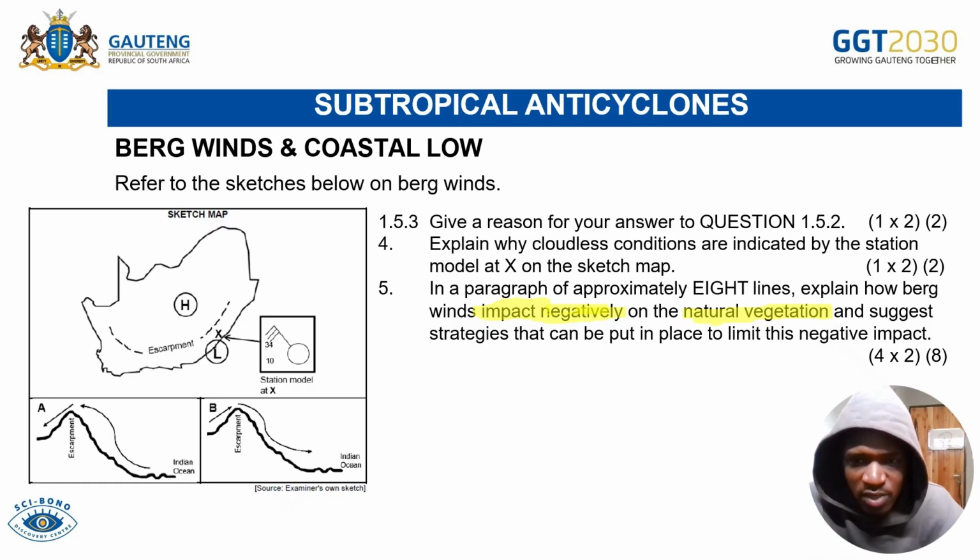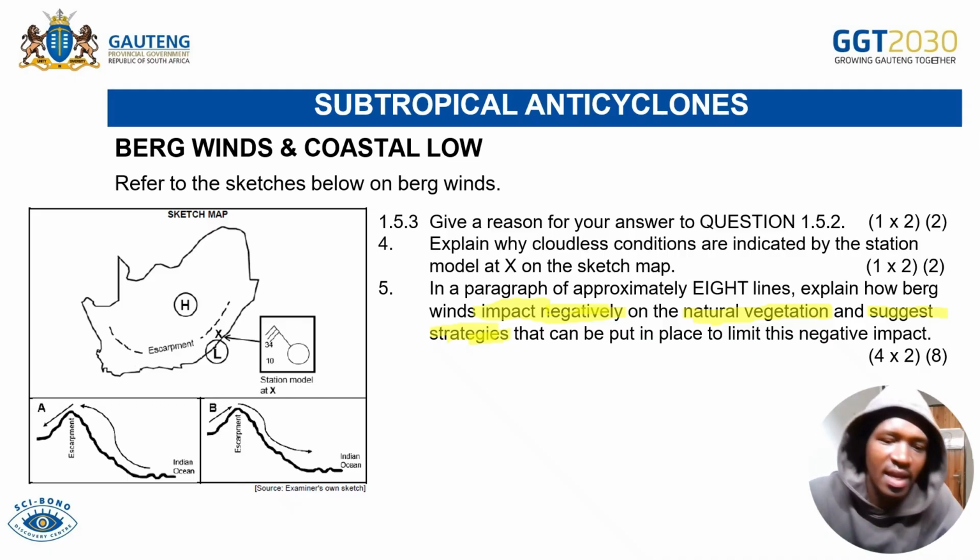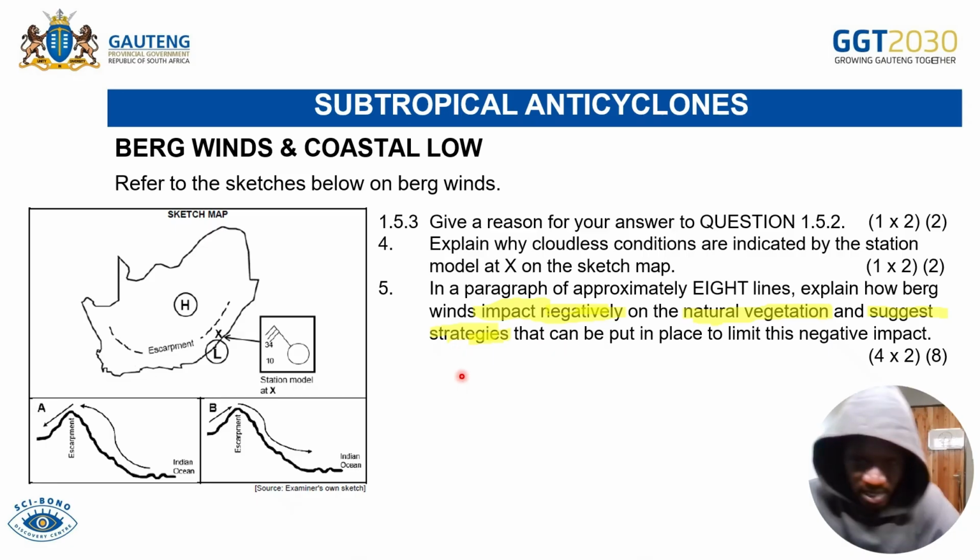They also want us to suggest strategies that can be put in place to limit the negative impacts. This paragraph is asking us for two things, not just one thing. So it's very important to highlight or underline what is being asked, so that you don't end up covering only one aspect of the paragraph.